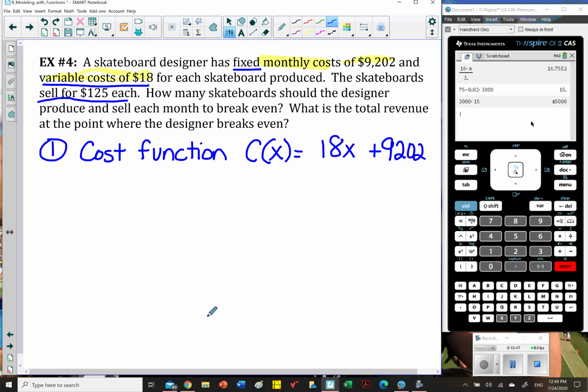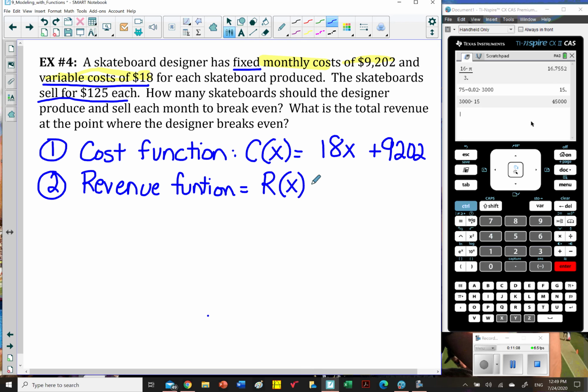And I'm letting X represent the number of skateboards sold. So the revenue, how much money we bring in, we said that was X times P. P is 125, so our revenue is 125X.